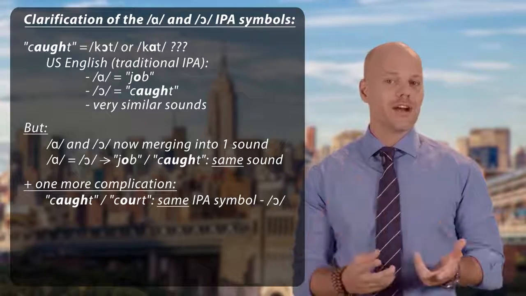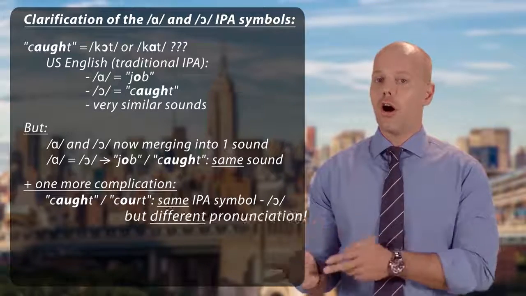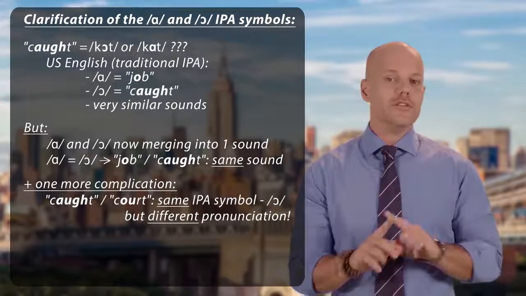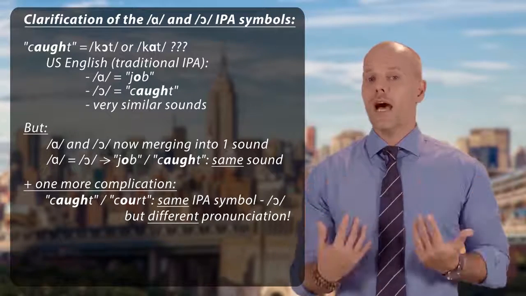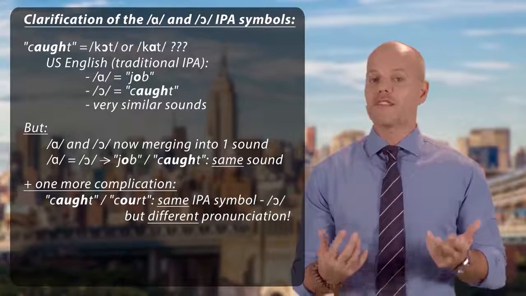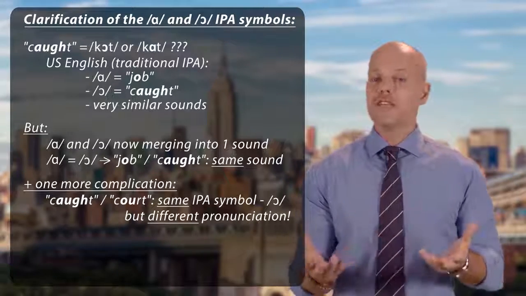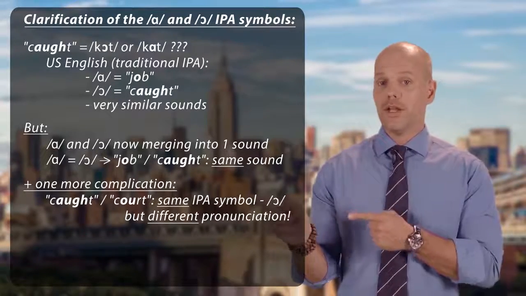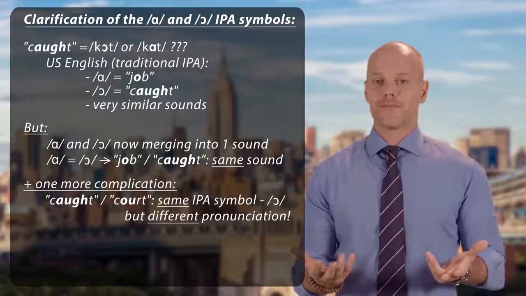But as you can hear, the two sounds are very different, and caught and court do not have the same vowel sound. So in my opinion, this system of separating the O and the O sound and using this symbol to represent two sounds is very confusing.